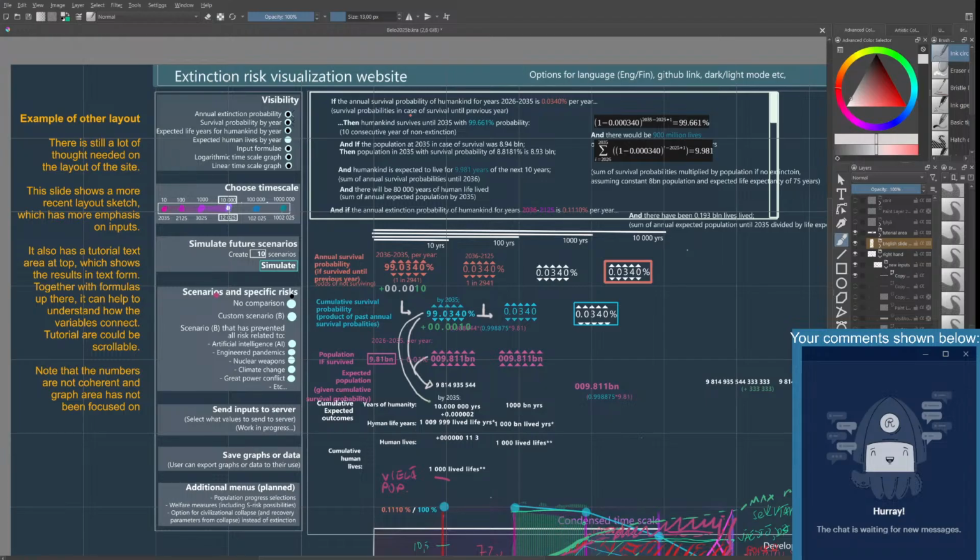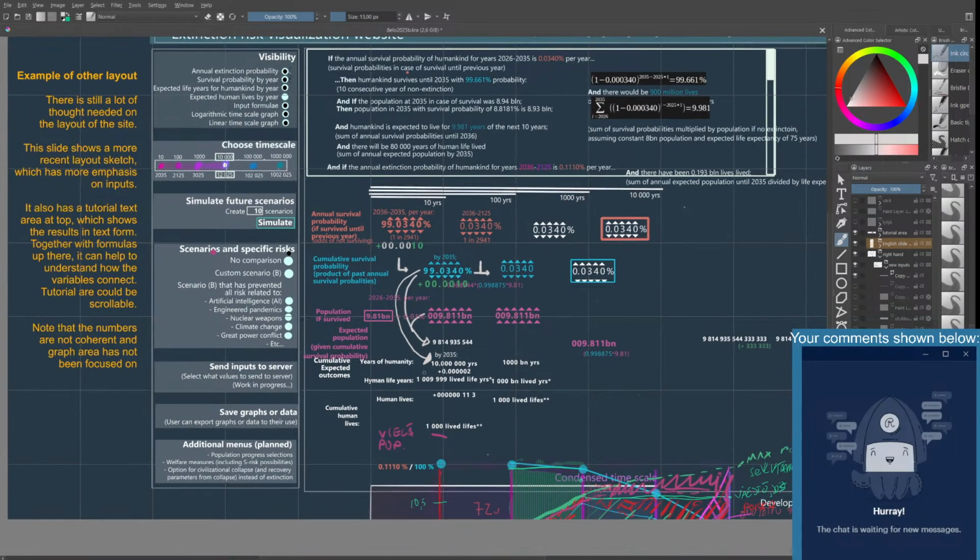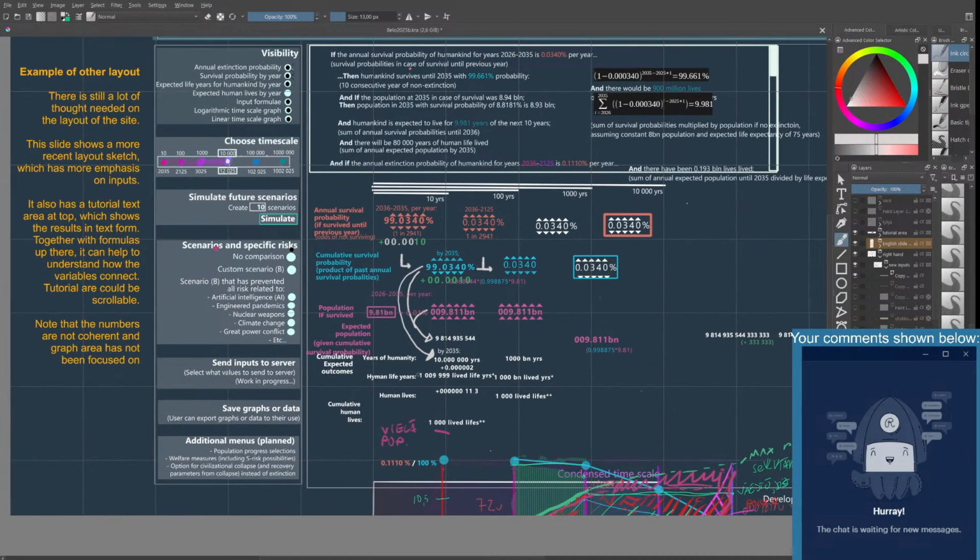It's kind of like years. There's this how many years of humanity there's going to be in a cumulative sense, so that doesn't have anything to do with population. But then again, we have these other cumulative expected outcomes of human life years and human lives, which again have to do with this population.